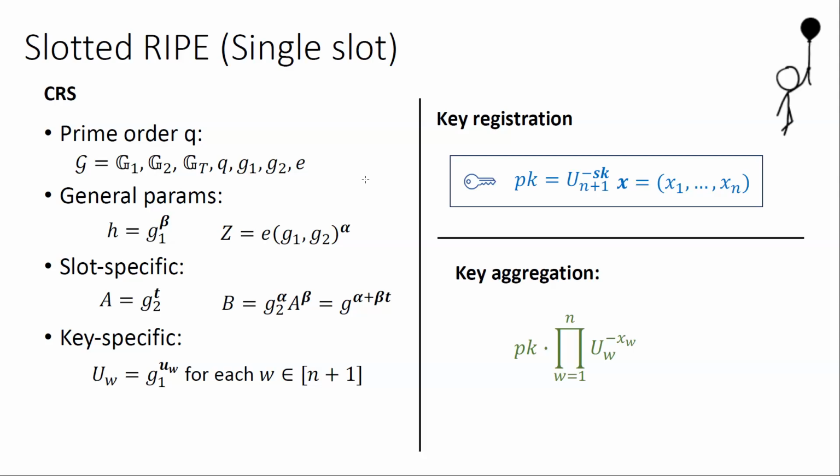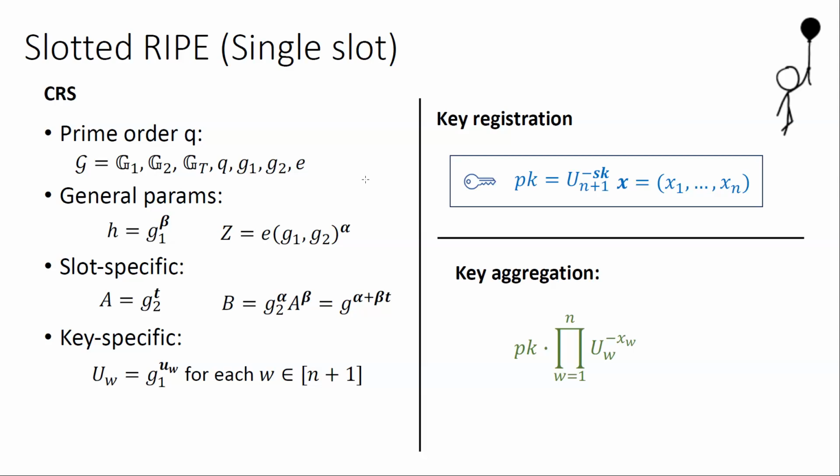Then what we have are slot-specific and key-specific values. The slot-specific values are essentially a value A, that is G2 raised to a random t, and a value B, that essentially connects A, H, and Z. So the general parameters with the other slot-specific parameters.